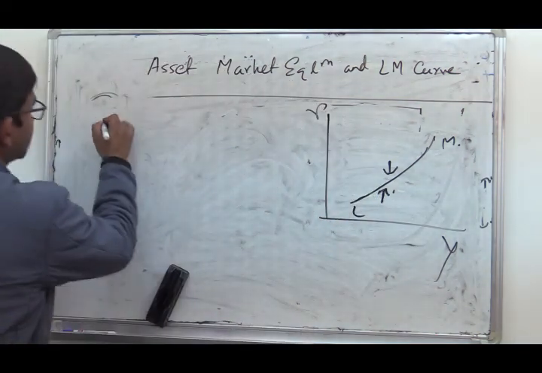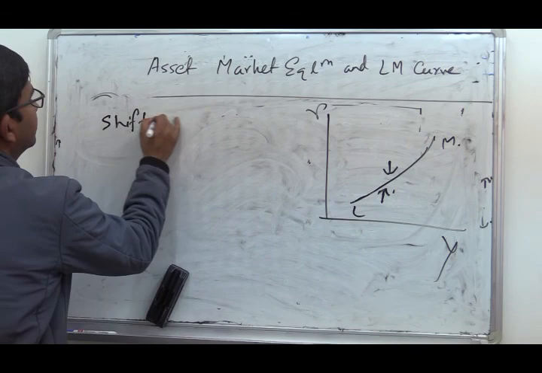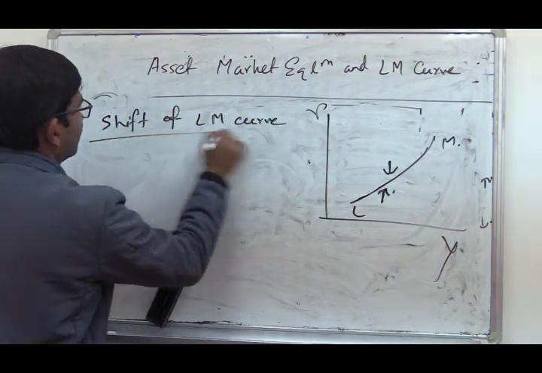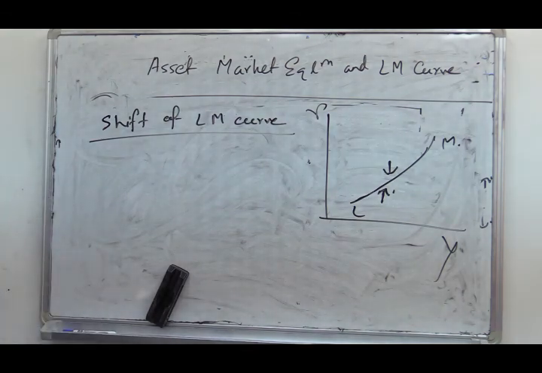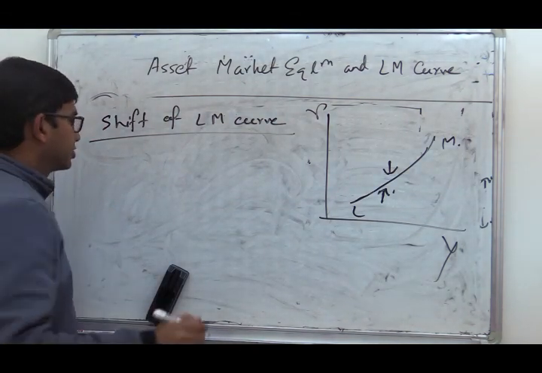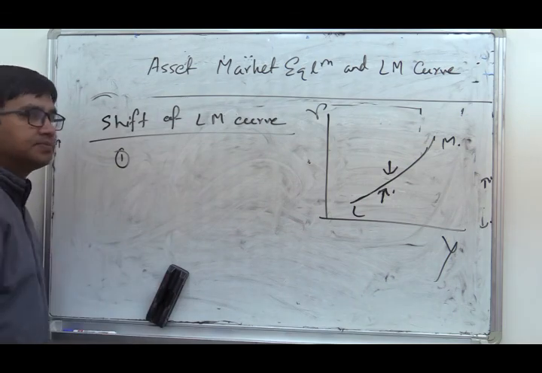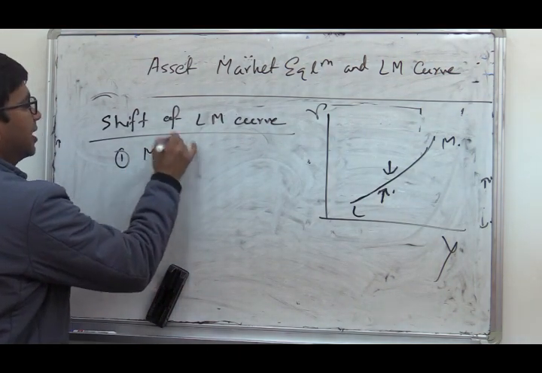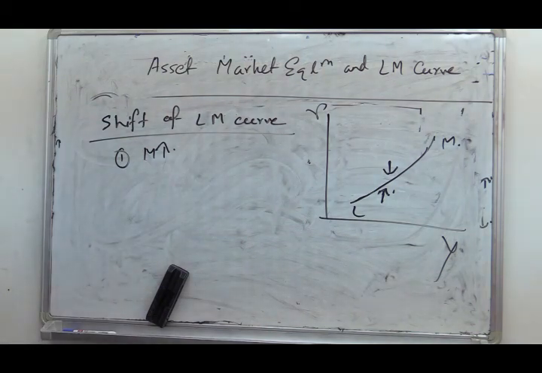Next, the shift of the LM curve. The LM curve can shift mainly due to two causes. Number one, if money supply M bar rises.